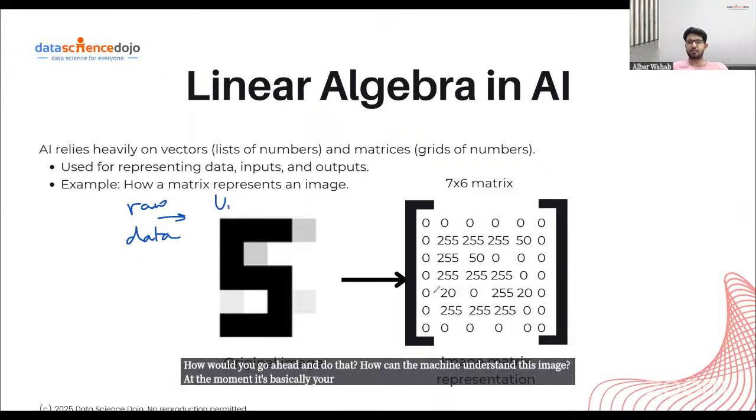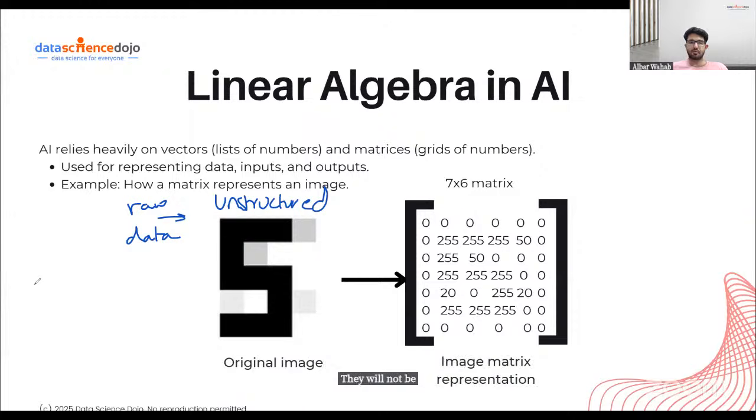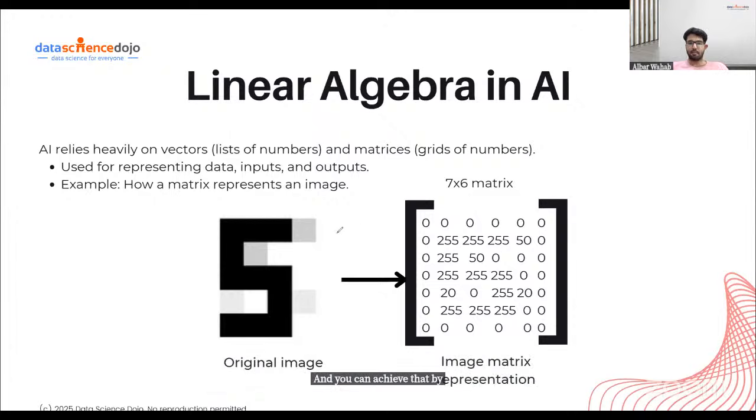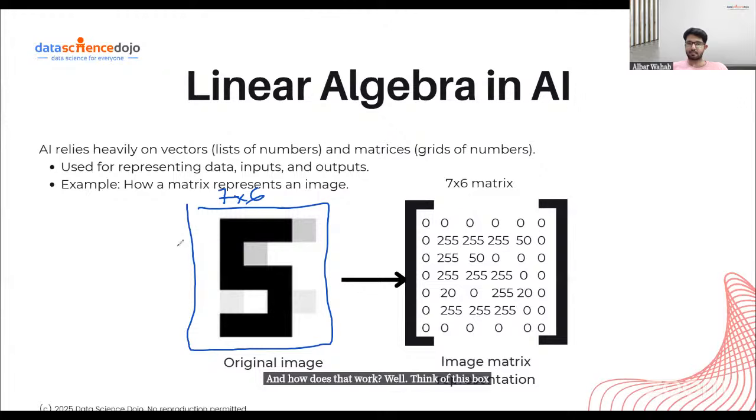Your model that you're building, whatever AI tool that you're using, will not be able to understand it until you transform it into a form of numbers. And you can achieve that by converting it into a matrix representation. And how does that work? Well, think of this box as a 7x6 matrix. And each pixel will represent one color.